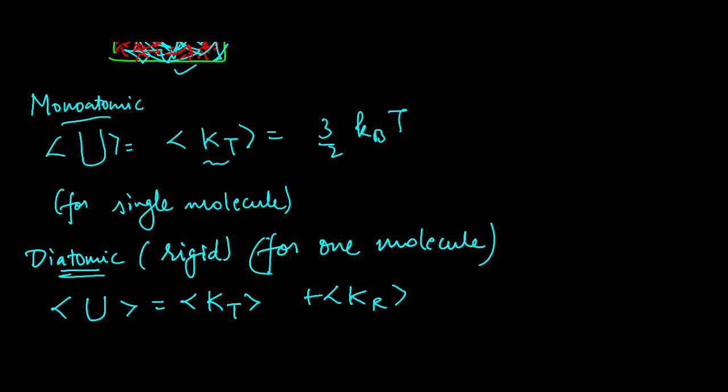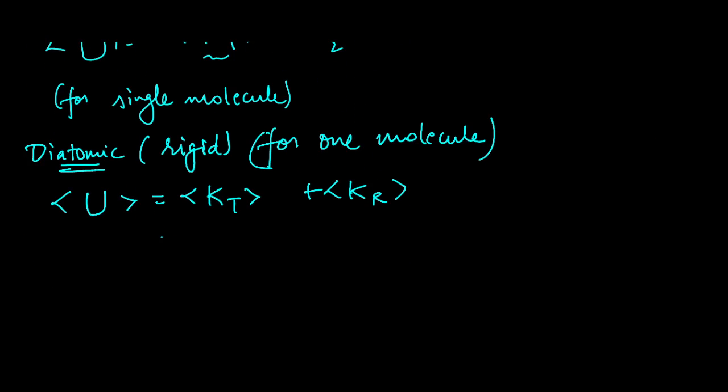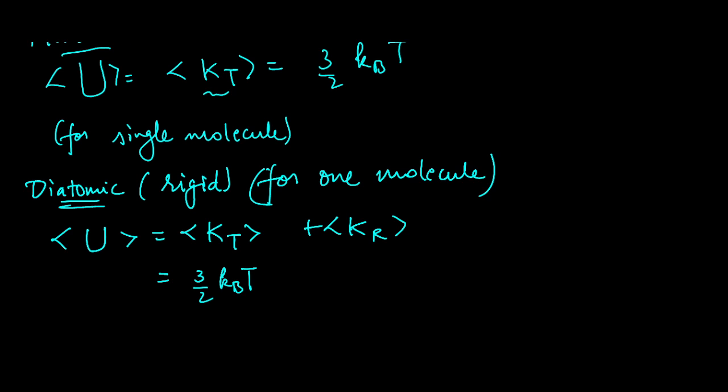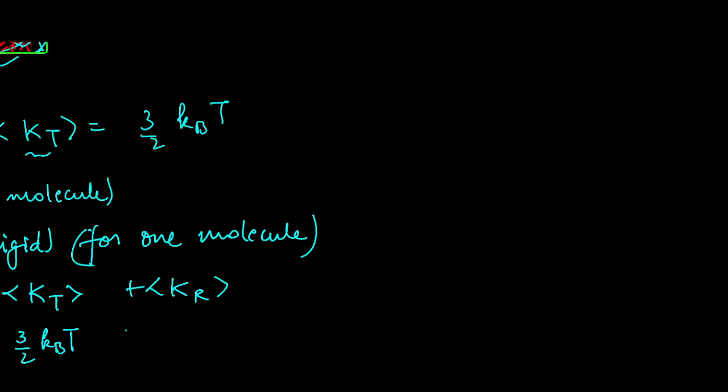So here, if I want to write it, there is 3/2 kBT for translation, same as this. There is one more way to explain it. Translational degrees of freedom, how many? 3 degrees of freedom. Do you remember that?